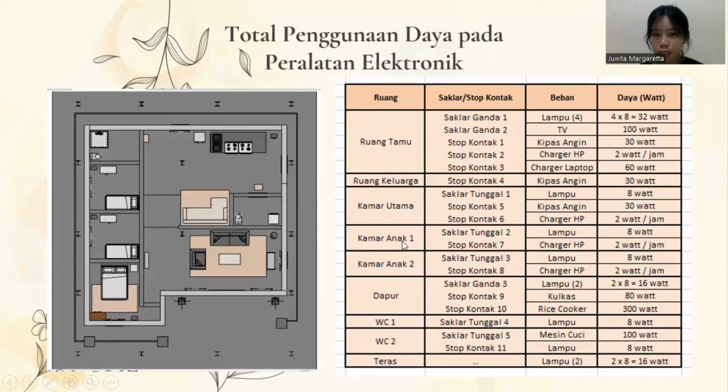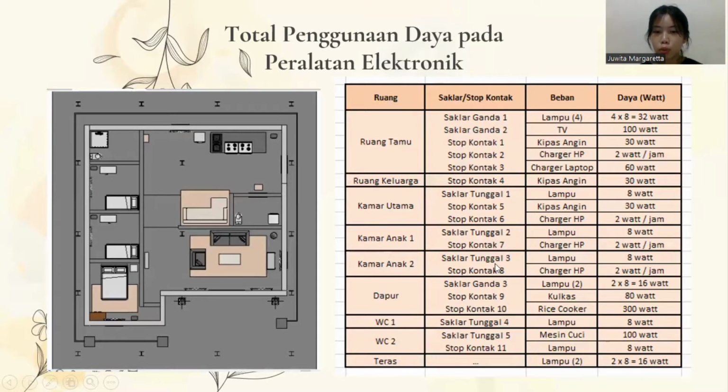And at the first kid's bedroom, I use 1 single switch and 1 electric socket. There is a lamp, a light, and a phone charger. A light uses 8 watts. A phone charger uses 2 watts every hour. And the second kid's bedroom is the same as the first kid's bedroom.